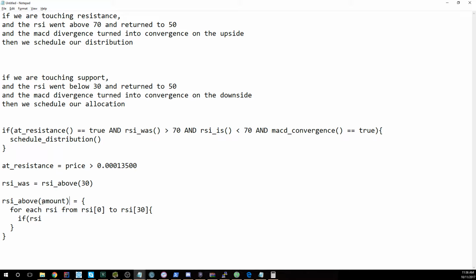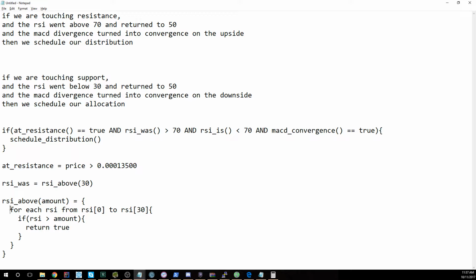So what we're going to say is we're going to take in an amount, and we're going to compare this to our RSI. And if RSI is above, because this is RSI above, we're going to say if the RSI is above the amount, what we want to do is we want to say that this is true. Okay?